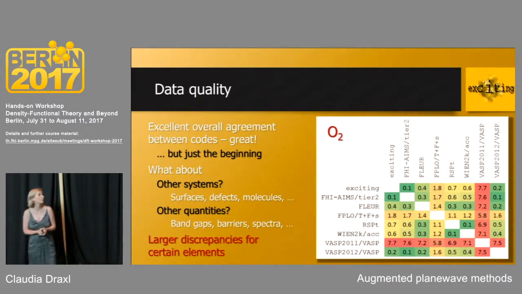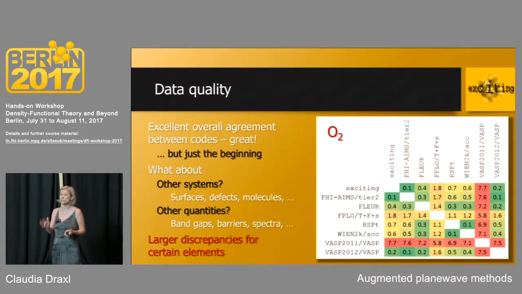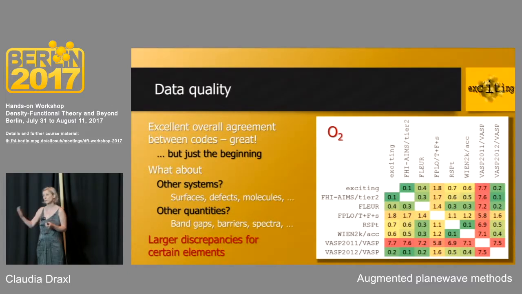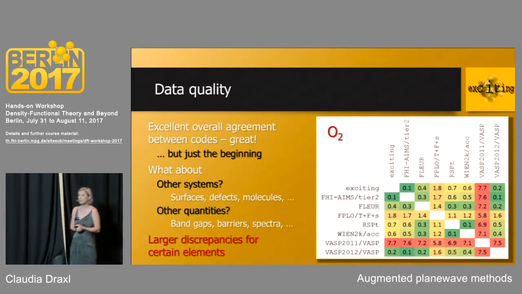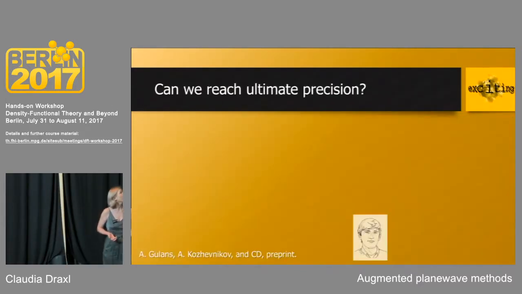And this is why I would like to point out that LAPW really can solve the Kohn-Sham problem as precisely as we want, so we can go to ultimate precision in order to really be able to distinguish between the accuracy that comes from the functional or the methodology used and the precision, which has all the uncertainty from the numerical procedure inside.